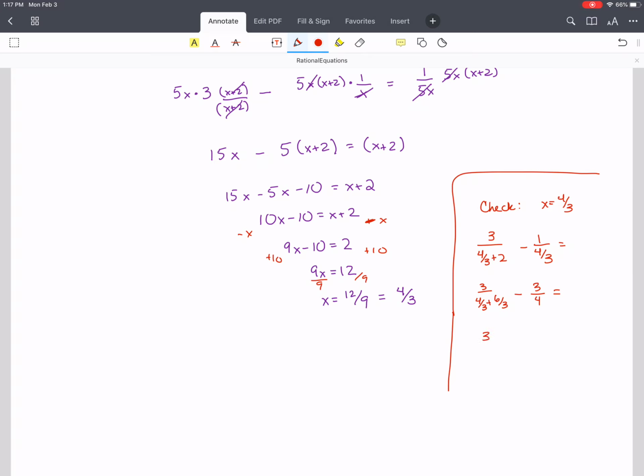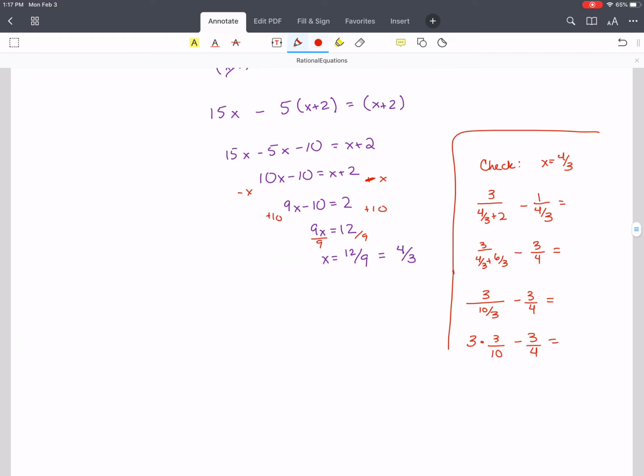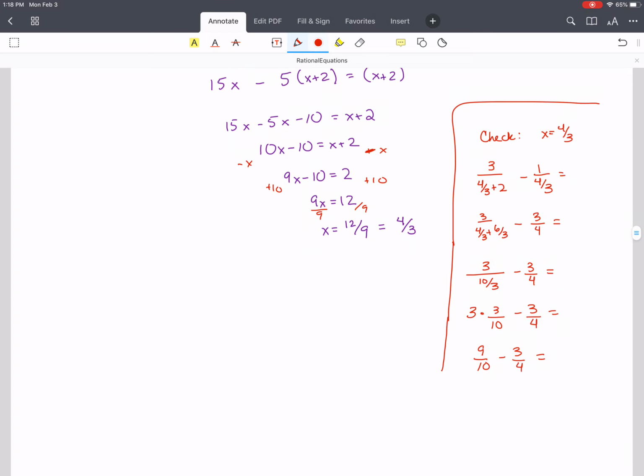Now for my first term, I get 3 divided by 10/3 minus 3/4. Again, dividing by the fraction means I'm going to multiply by the reciprocal. So that 3 divided by 10/3 becomes 3 times 3/10, or 9/10, and I'm still going to subtract 3/4.